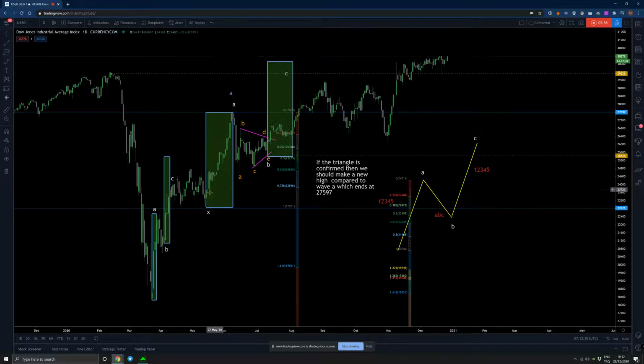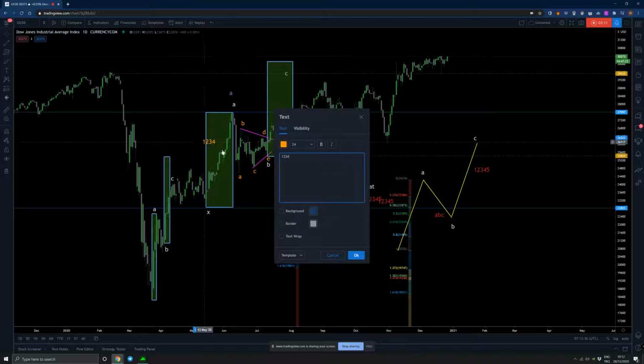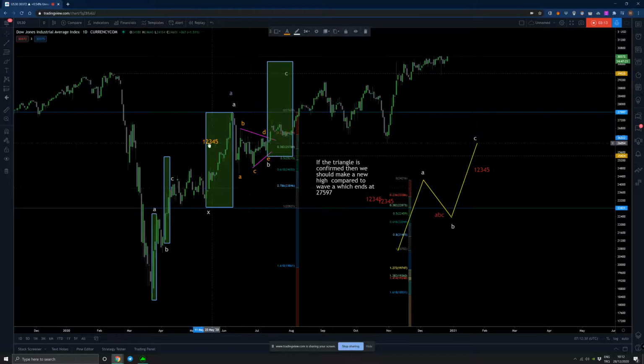So whenever I said this wave A, it means that I'm thinking that what we have here in this rectangle is an impulsive move. On this, we used this color, so this should be 1, 2, 3, 4, 5 here.